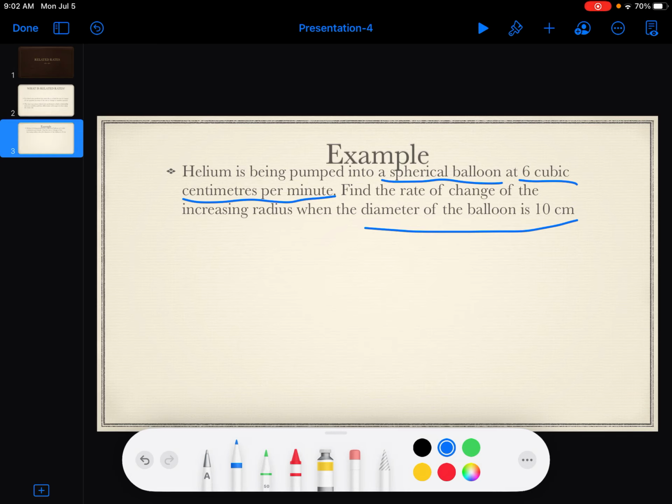We want to find the rate of change of the increasing radius. So how do we relate these two? Well, we're given this piece of information that it's a spherical balloon, so we can relate volume and the radius of the balloon by the following relationship: just the equation for the volume of a sphere.